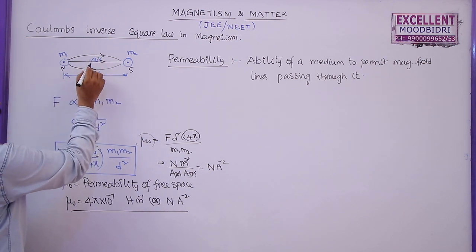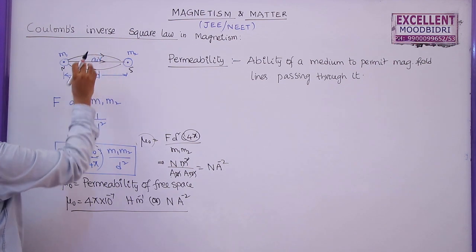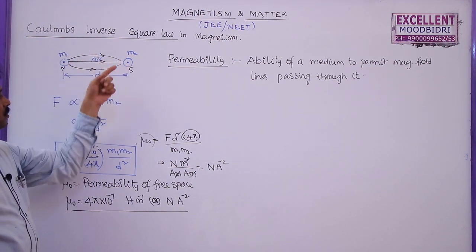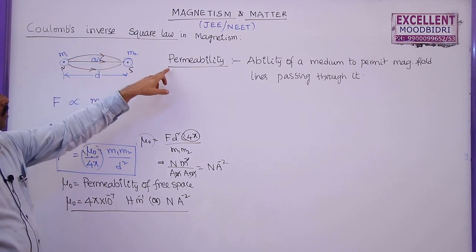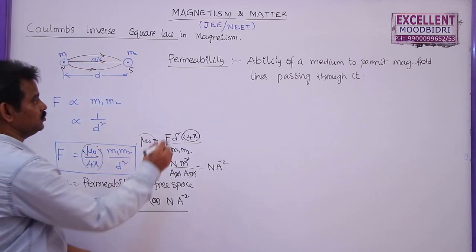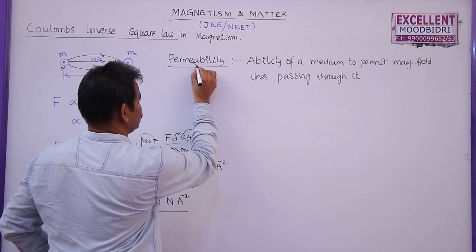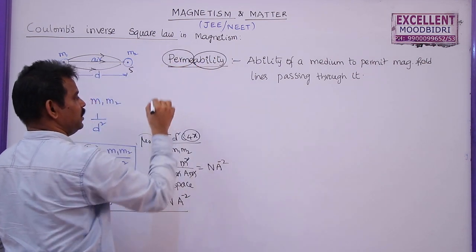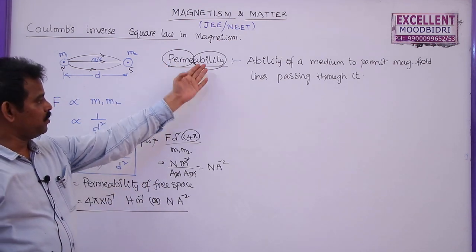Let us say if you keep some material which will not allow these lines to pass, then these two will not attach with each other and that medium is said to have less permeability. So in the definition itself, the ability of a medium to permit magnetic field lines is known as permeability.